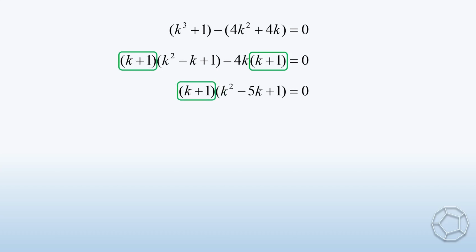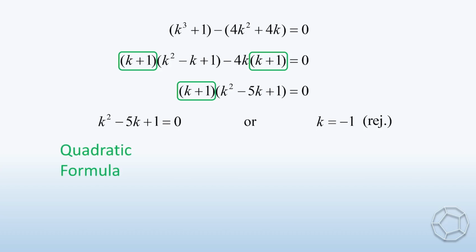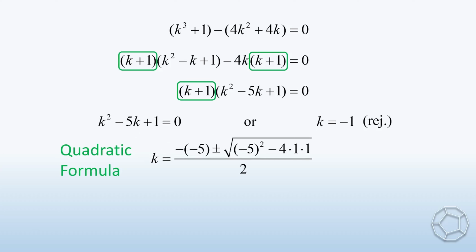So the second bracket is k squared minus 5k plus 1. Then we get a quadratic equation, or k is equal to negative 1, which is rejected. The equation can be solved by the quadratic formula. Putting all the values inside, we get k is equal to (5 plus or minus square root 21) over 2.